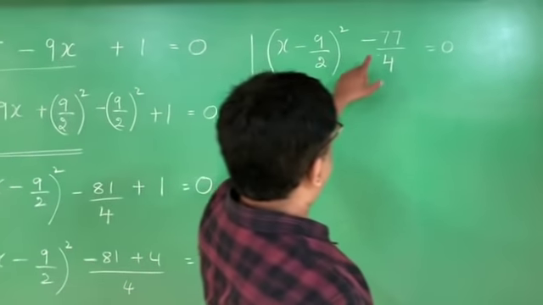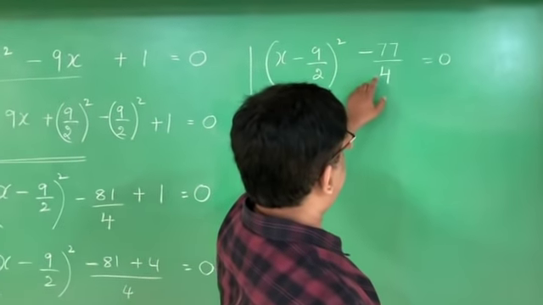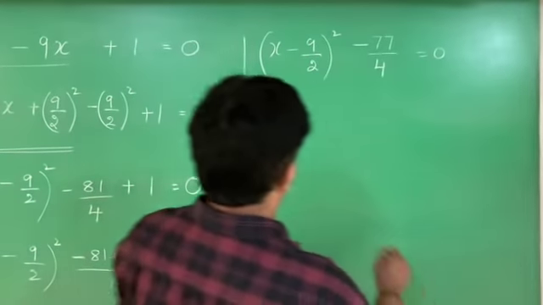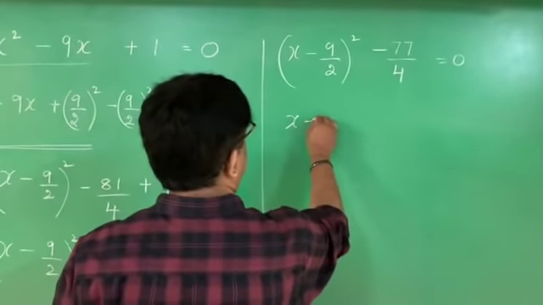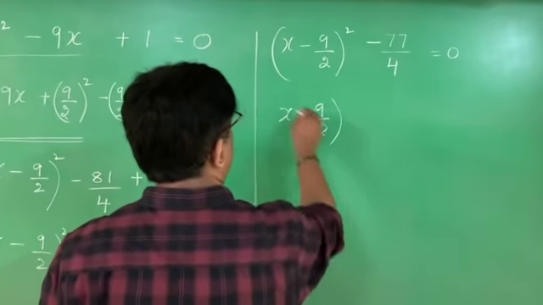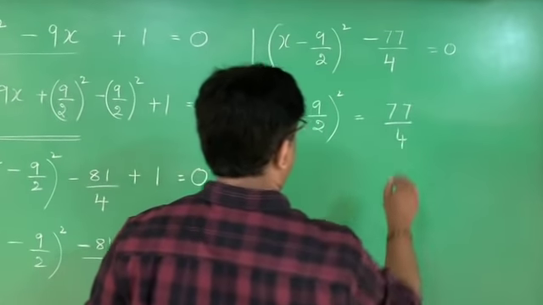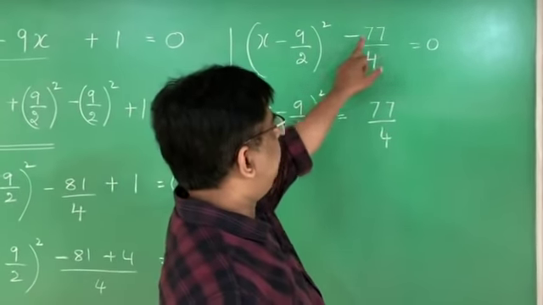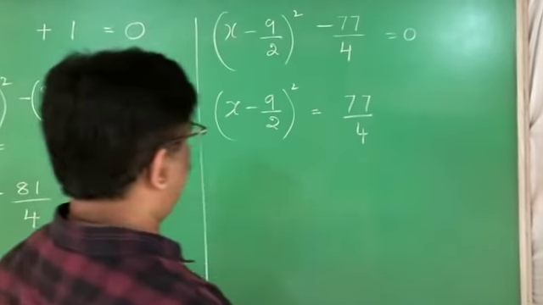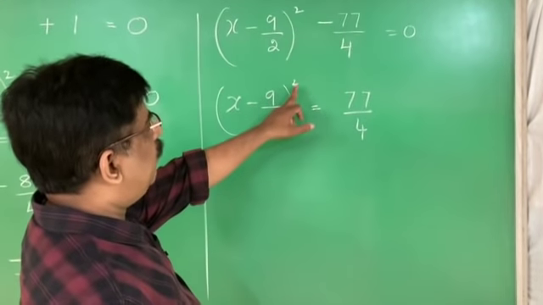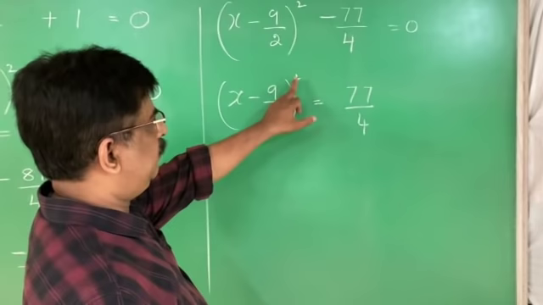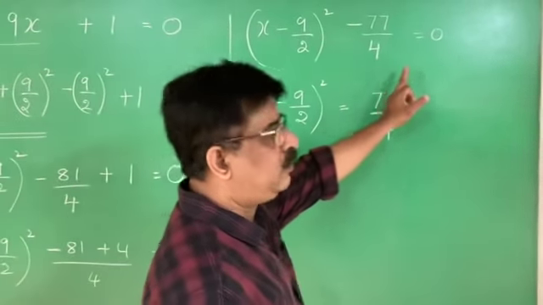Now what I do is, this minus 77 by 4 I transfer to that side. Then it becomes x minus 9 by 2 whole square is equal to 77 by 4. Why 77 by 4? Minus 77 becomes plus 77 by 4. Now I want to remove this square. Wherever the square has to be removed, you have to take root on that side.